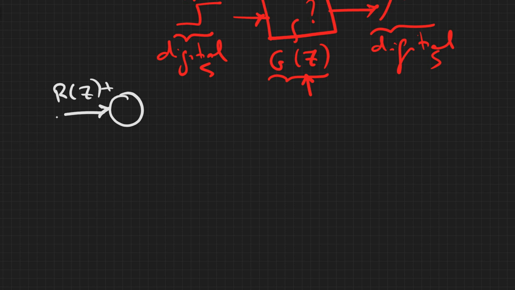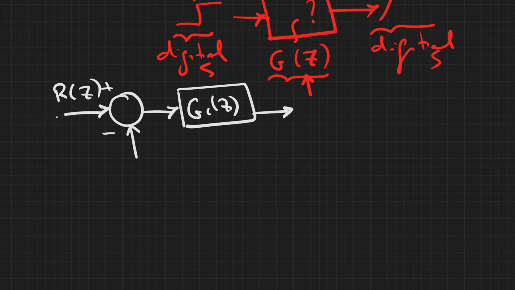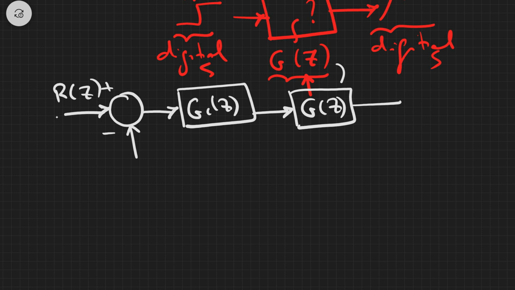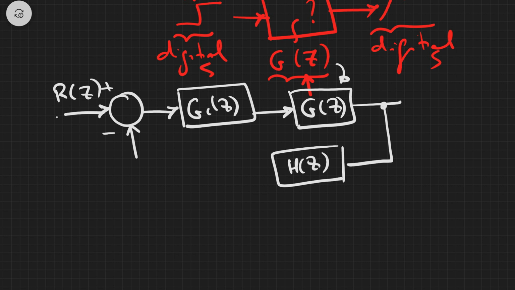So here we have our controller, GC of Z, and then we have our G of Z, which is this discrete transfer function, and we have also H of Z, and Y of Z here. So everything is actually in the Z domain now. So we can design our controller in the Z domain right away.